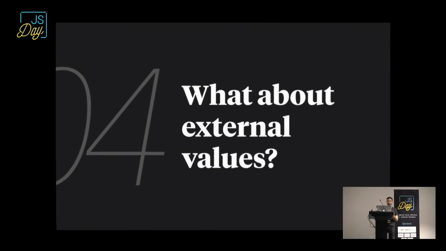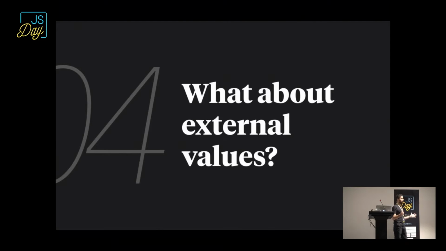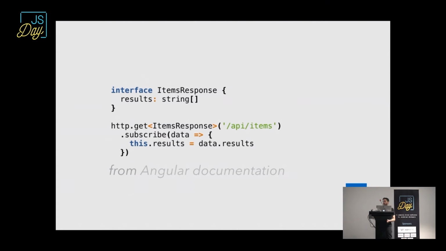Okay, but we're just talking about how to define the types inside of your code or code base, but there's also external types. Because we are writing interfaces, we receive a lot of data from the server, from the user. It's more about external data than internal data, let's say. And okay, how can we address this?